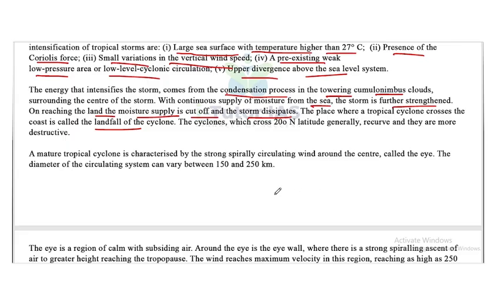For example, this is land and this is ocean.